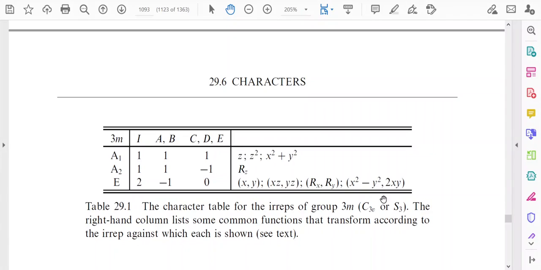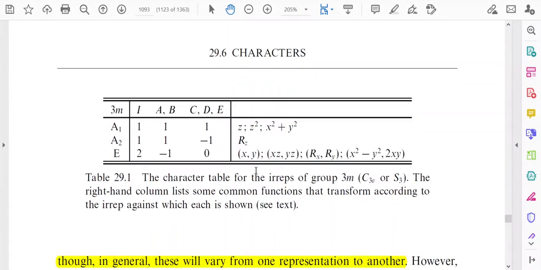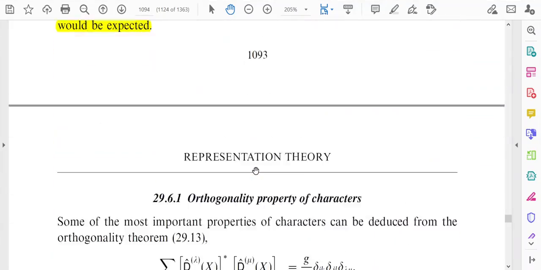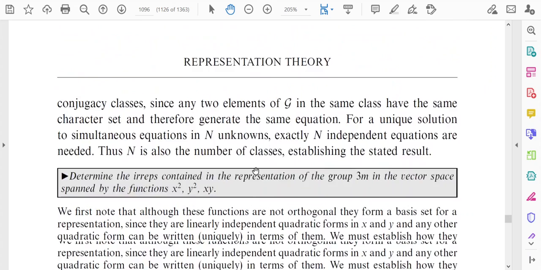For example, this function x square minus y square comma 2xy has been written here for the irreducible representation E. So that is why A1 and E are used here, but for A2 only Rz is there. That is why A2 has not been used for construction of the matrix D, where the basis functions are x square, xy and y square. So this result supports the table that we have described earlier.